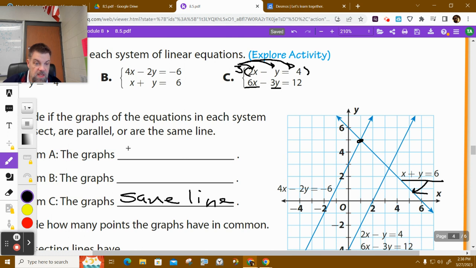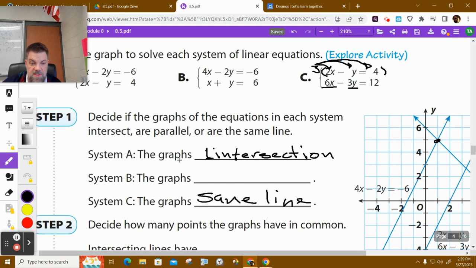So this one would be one intersection, or 1 point in common. Oops, I misspelled the word intersection. Intersection. Let me make this look more like a 1. That's a 1. Okay. And then that was system B, wasn't it?